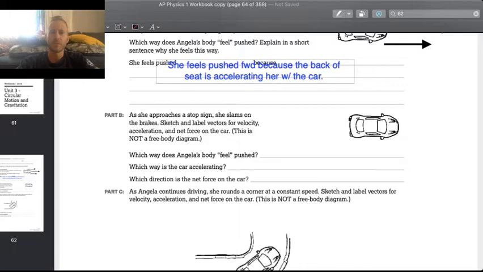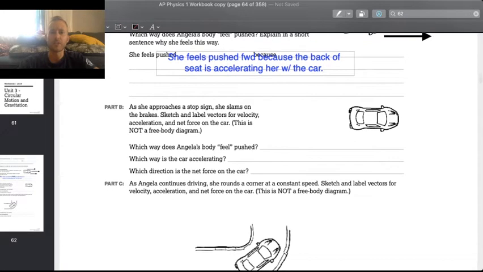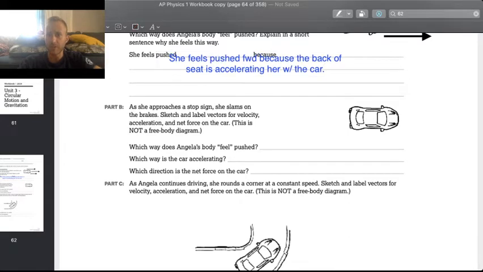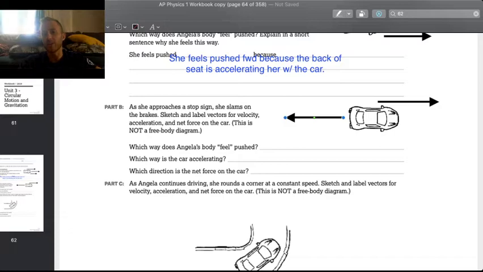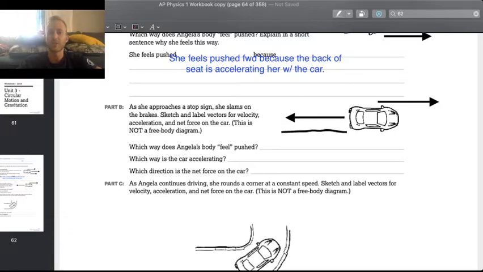Sketch and label the vectors for velocity, acceleration, and net force. So she's approaching the stop sign, so the velocity is going forward. However, she's slowing down, so the acceleration is pointing backwards. The net force and the acceleration are always going to point in the same direction, so the net force is also going to feel backwards.